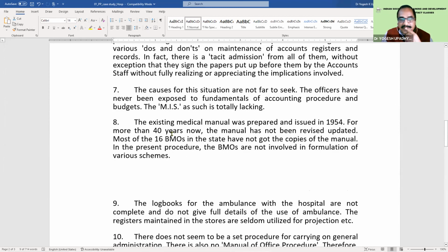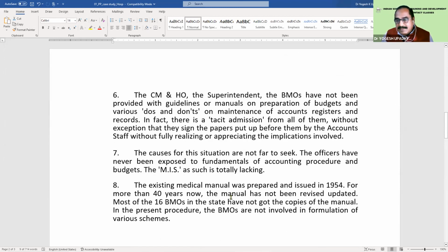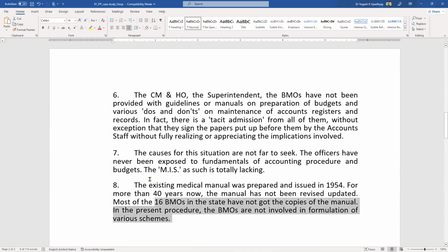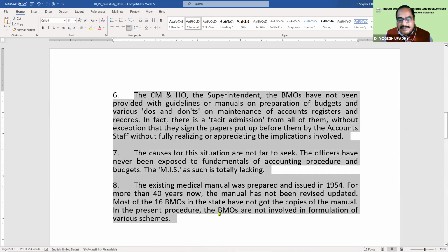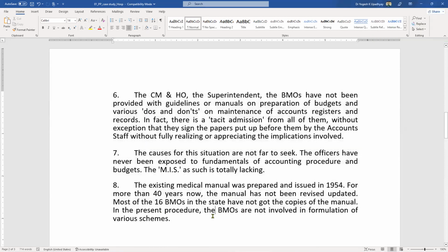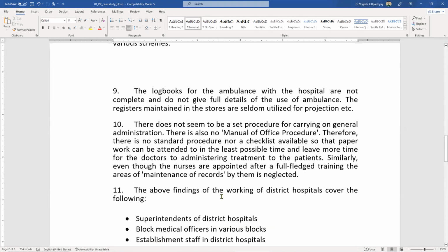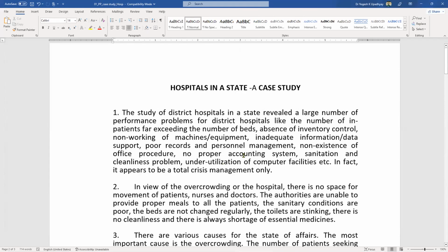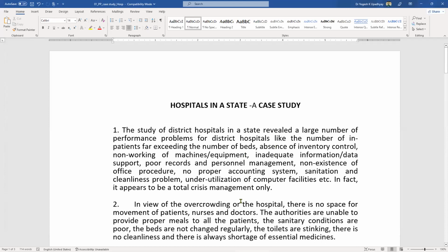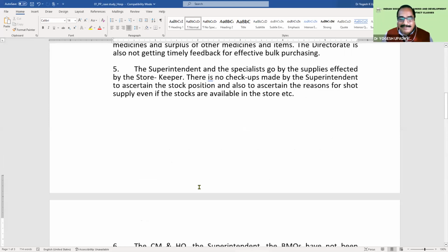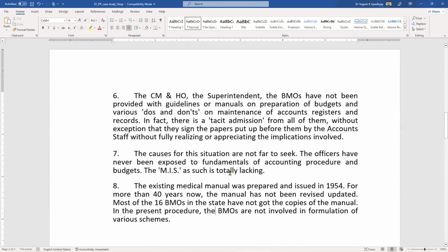Okay. Room number 3, points 6, 7, 8. So, sir, Shipra this side, representing group number 3. Go ahead. So, sir, point number 6 talks about the manuals and the budget allocation, the guidelines, do's and don'ts, and other things.